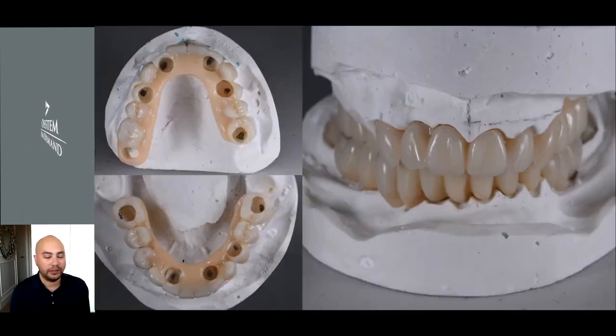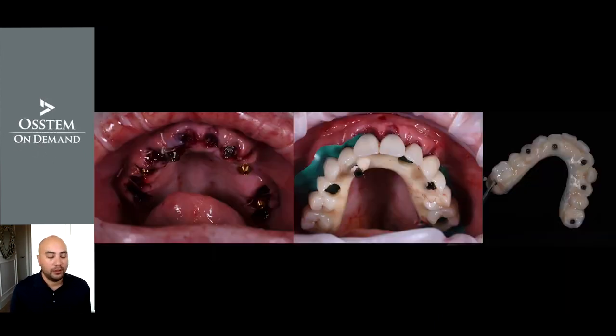Then we start with the provisionalization of the case with a conventional protocol. So first we place 2 titanium cylinders onto the multi-units, and then we stabilize it in a correct position, and then we continue to add the remaining cylinders.